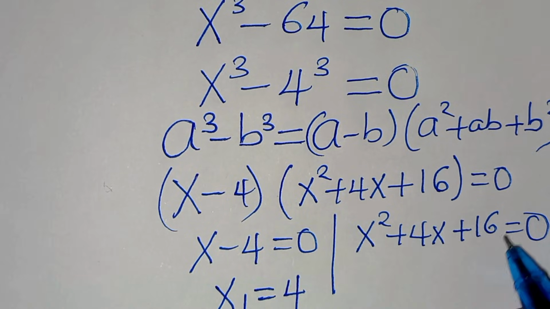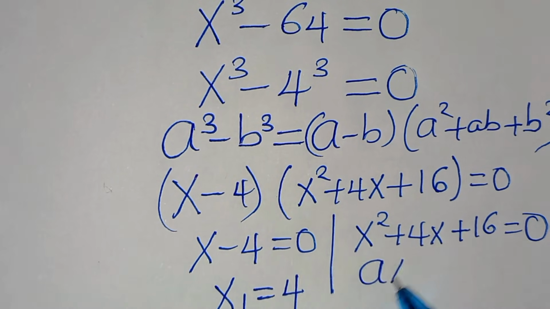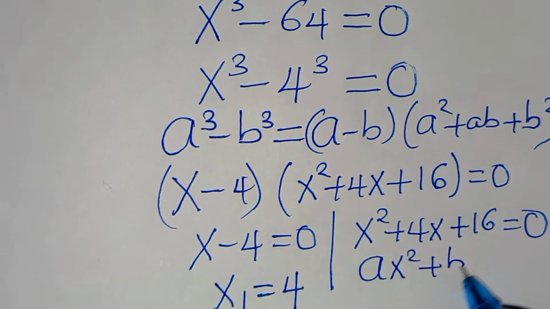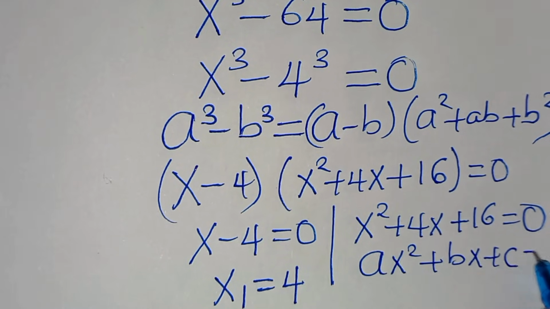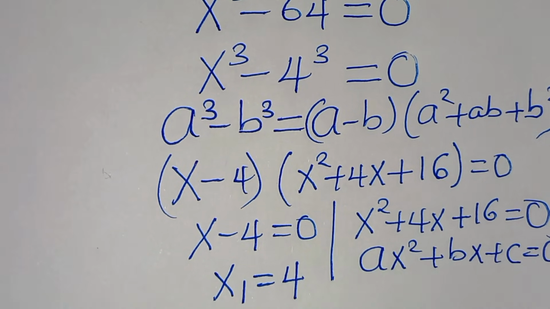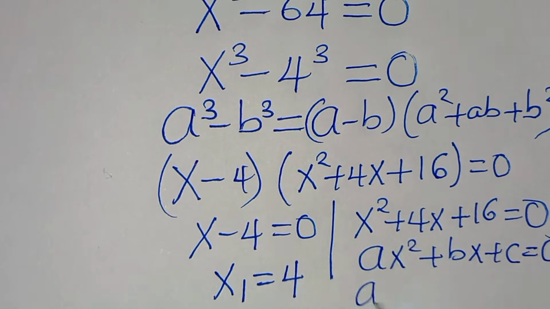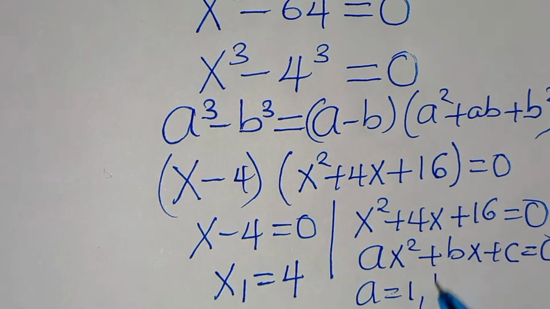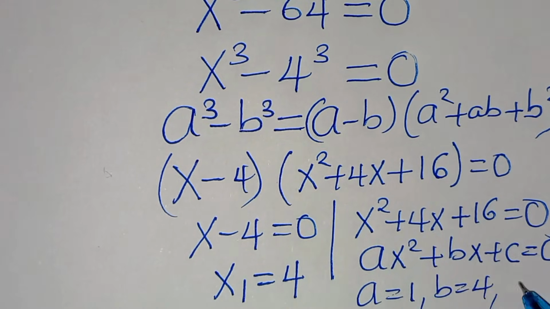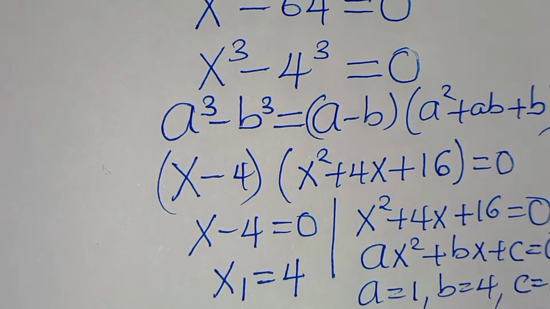The second part here is a quadratic equation of the form ax squared plus bx plus c, equal to 0. Now, we have that a is equal to 1, b is equal to 4, and that c is equal to 16.